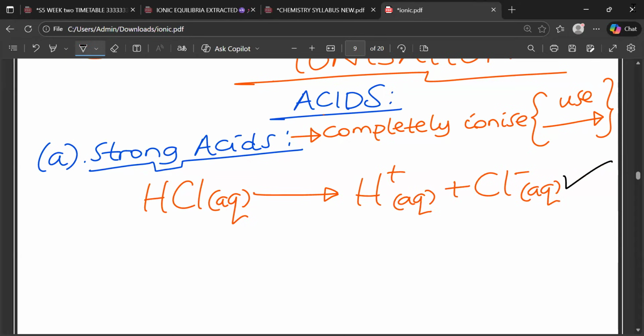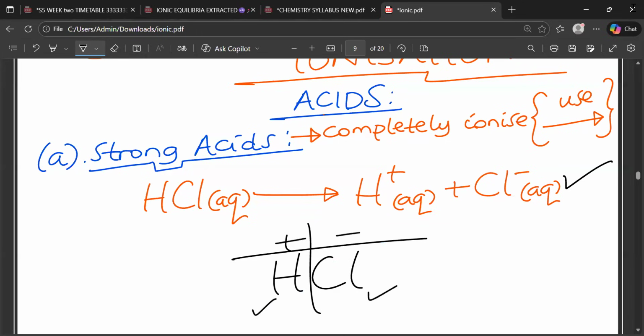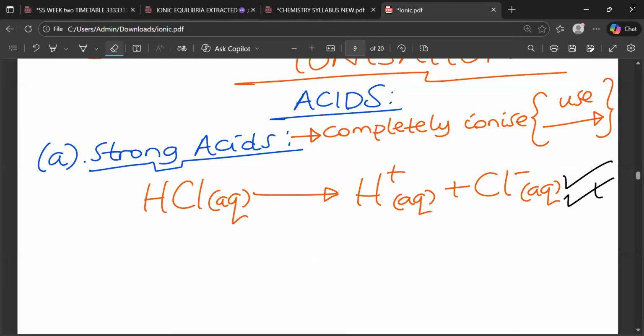I remember telling you that if this is HCl, there is a boundary line here. H is supposed to be a plus, this is a negative, and those are the two ions, not forgetting the aqueous. So well balanced, the formula correct, you have correct physical states, you get your 1.5 marks. Very easy to get.